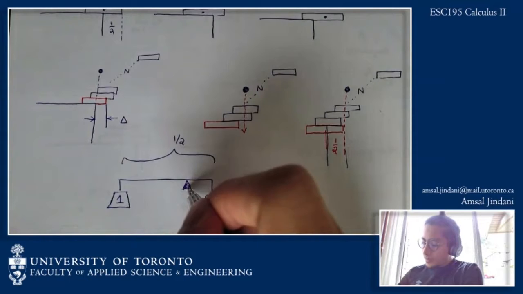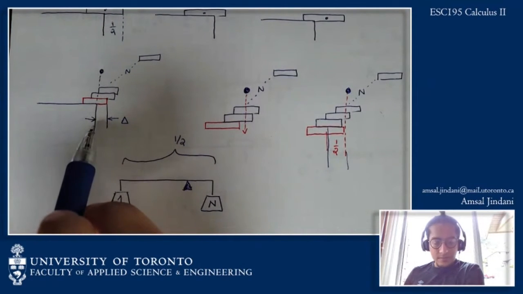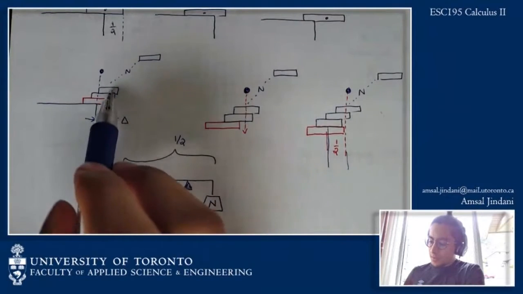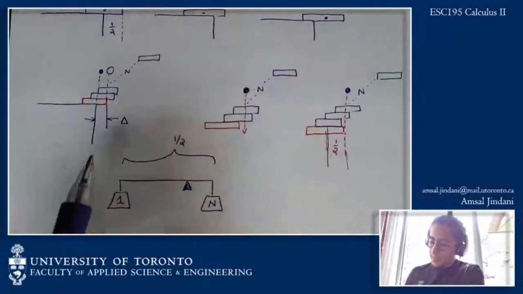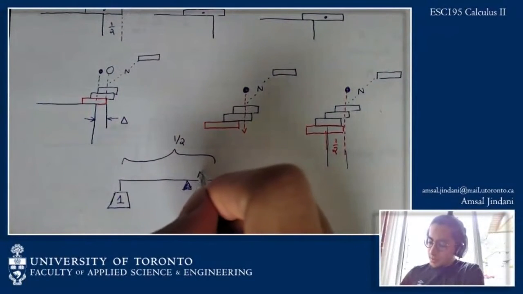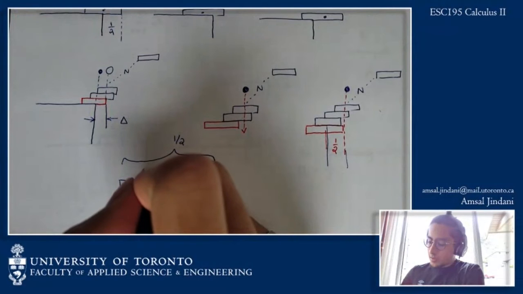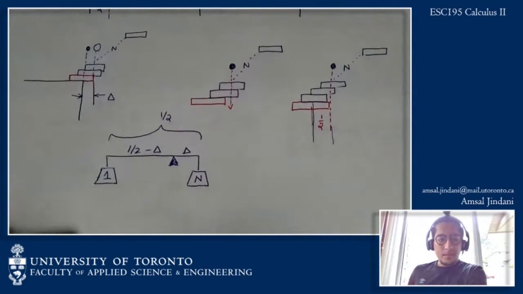And the distance between the center of mass of the system, so basically where the pivot is, to the center of mass of the end blocks, which over here, is equal to delta. So therefore this distance has to be 1/2 minus delta.